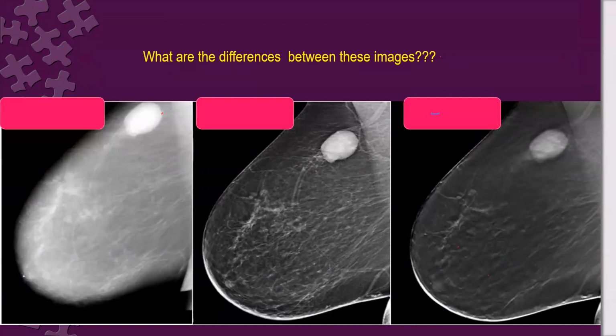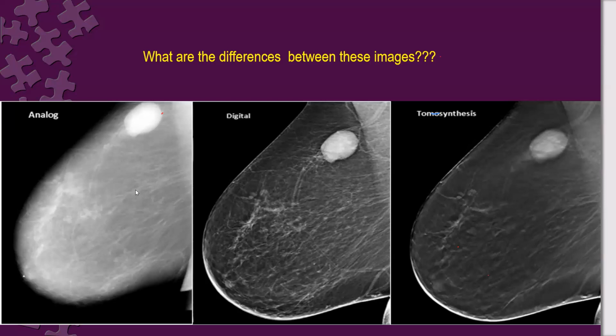Can you show me what is the difference between these images? The first one at the left side is a conventional or analog mammogram. The second in the middle is a digital mammogram, and the third one represents tomosynthesis. Excellent.